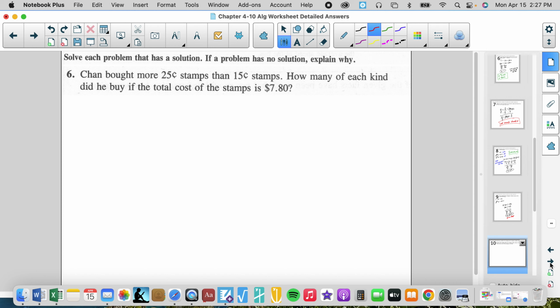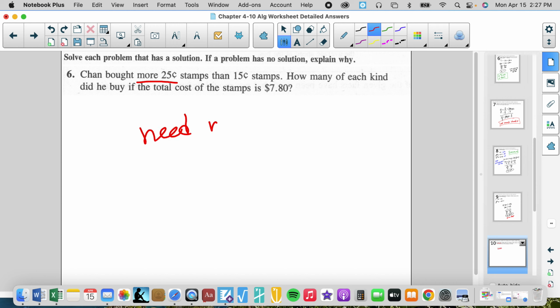Chan bought more 25-cent stamps than 15-cent stamps. How many of each kind did he buy if the total cost of the stamps is $7.80? That's not enough information. We know he bought more, but we still don't know how many more. We would need to know how many more or some relationship between the 25-cent stamp and the 15.